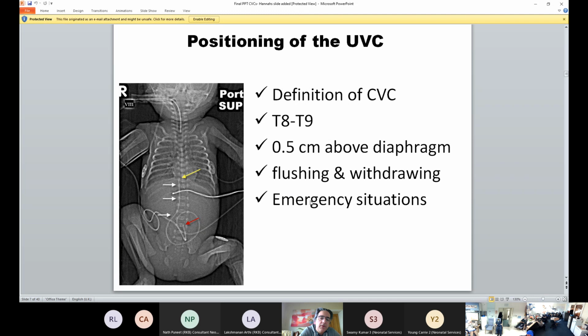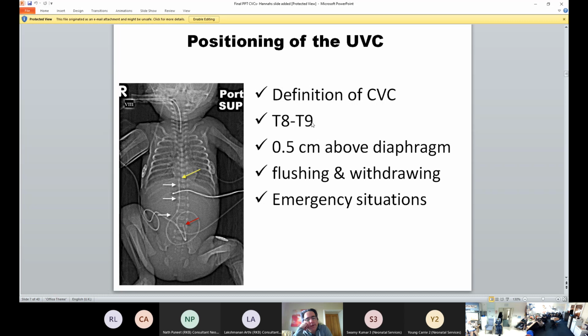Another landmark to know the good position is just half a centimeter above the diaphragm. That means the tip is at the junction between the inferior vena cava and the right atrium, and this is the most proper position.